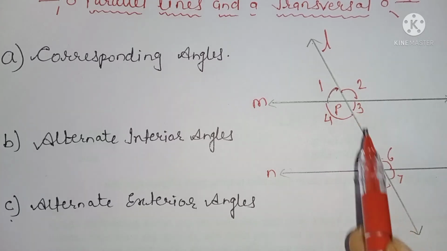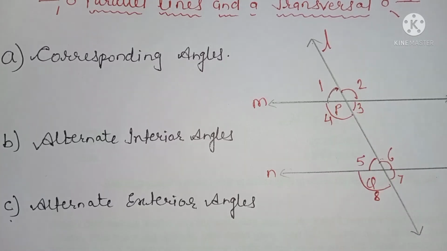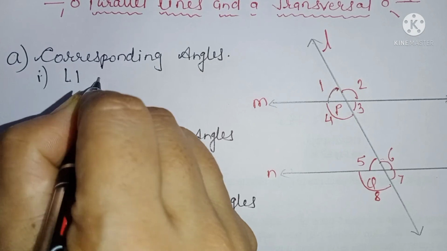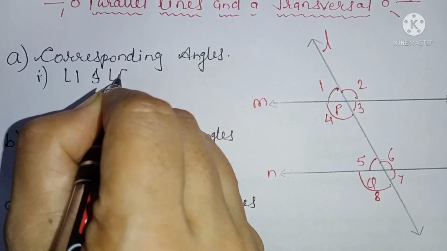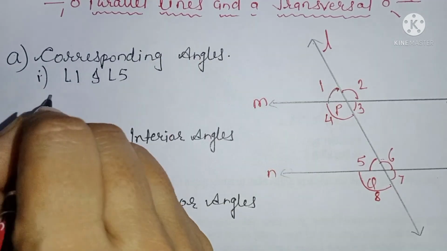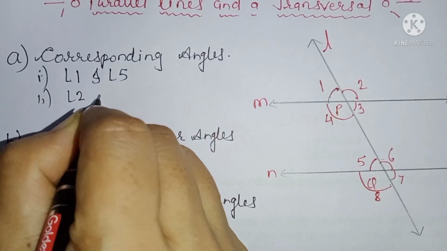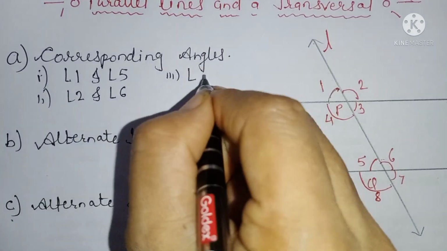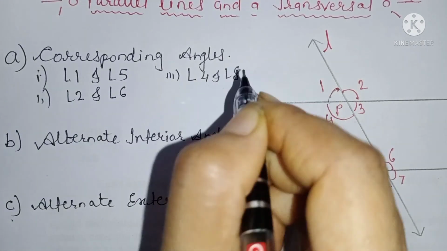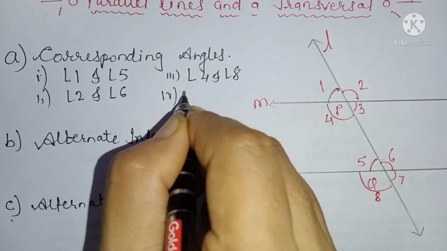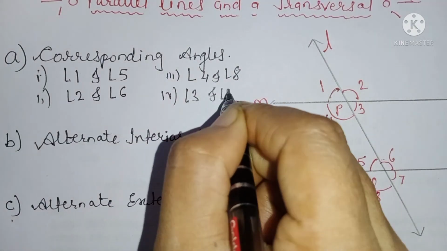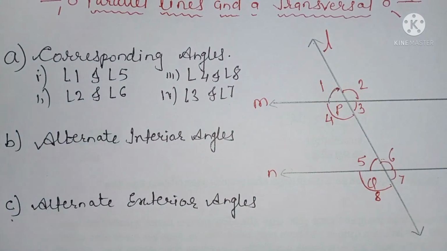And similarly angle 3 and angle 7 are corresponding angles. So let's list the 4 pairs of corresponding angles: angle 1 and angle 5, angle 2 and angle 6, angle 4 and angle 8, and fourth, angle 3 and angle 7.